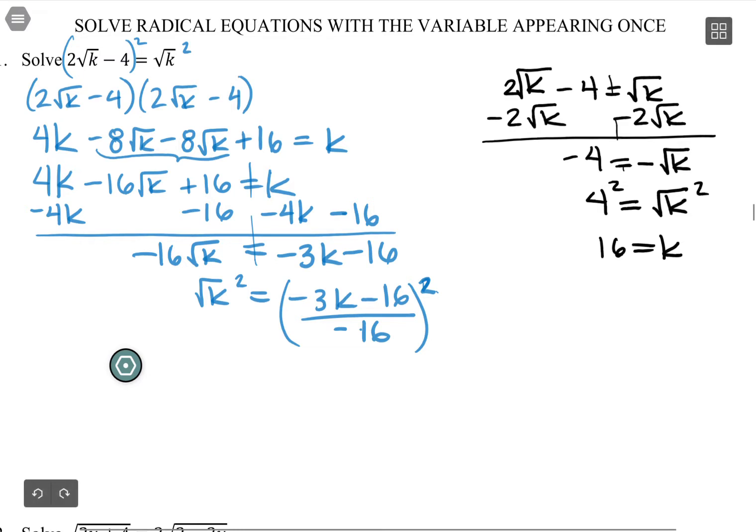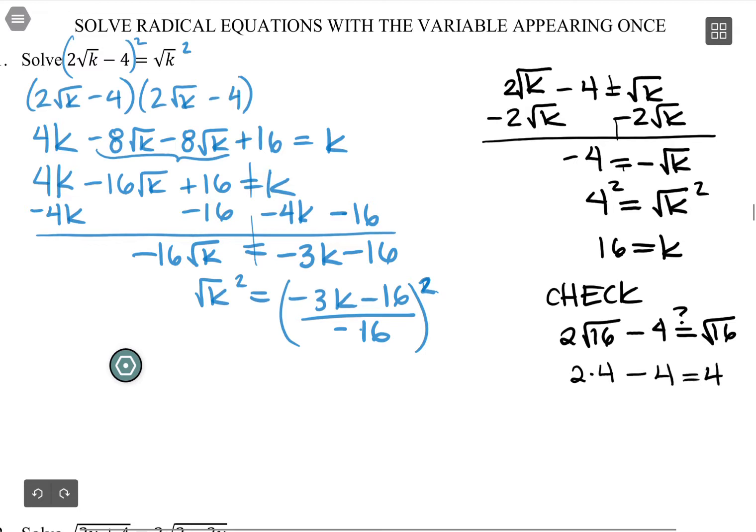So for my check, 2 root 16 minus 4, and I want to know if that equals the square root of 16. So the square root of 16 is 4. Does 2 times 4 minus 4 equal 4? And I would say yes, 8 minus 4 does in fact equal 4. So I think 16 is a good solution.